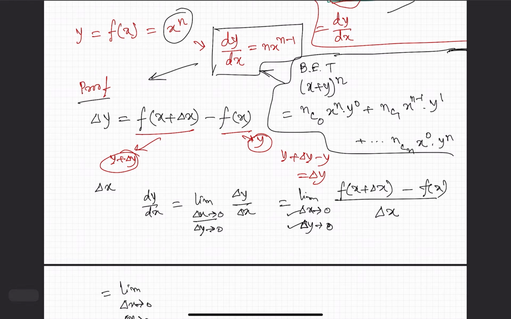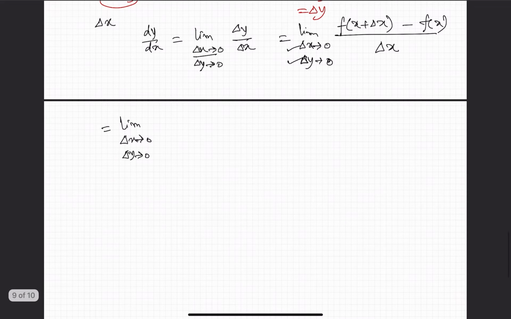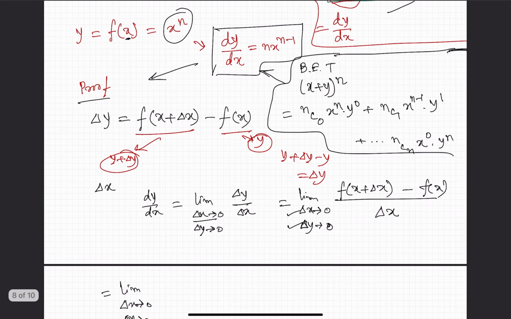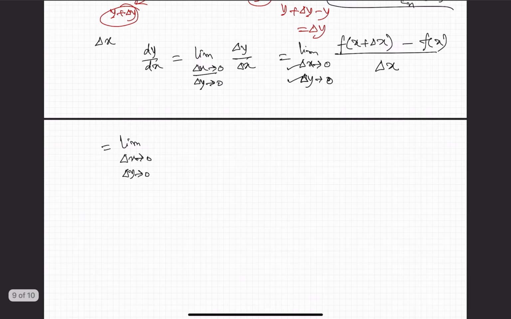So we are putting x plus del x as the argument. So that would be x plus del x to the power n, minus f of x, which is x to the power n, divided by del x. Limit would be there always.